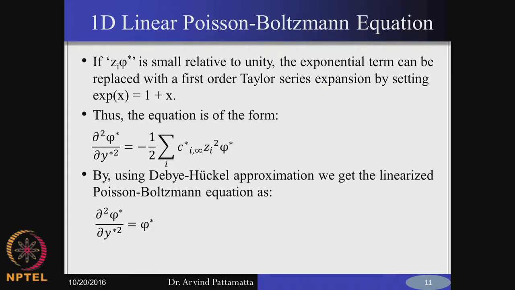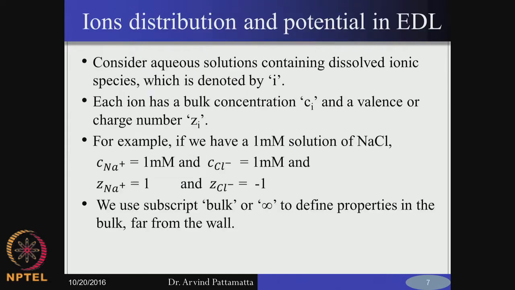Now from this point, for the case of Na plus Cl minus, we know that Ci infinity for Na plus and Cl minus are similar. If you consider a 1 millimole solution, they are each equal to unity, and similarly if you look at the value of Z, they are equal and opposite.